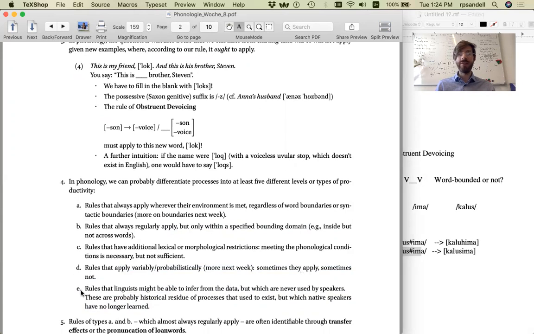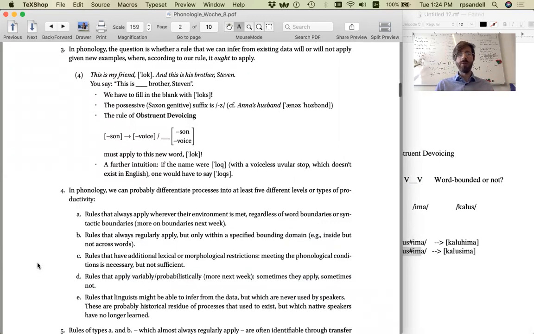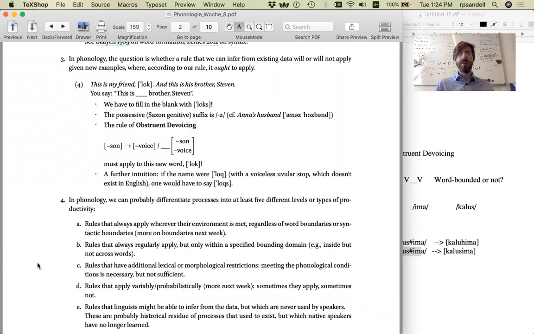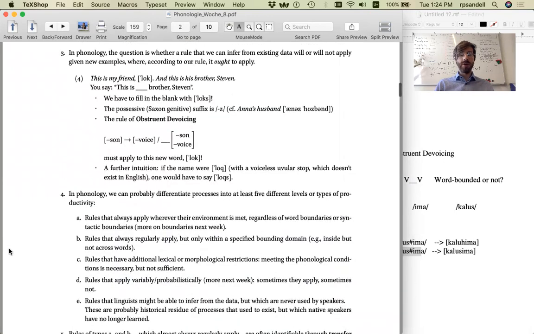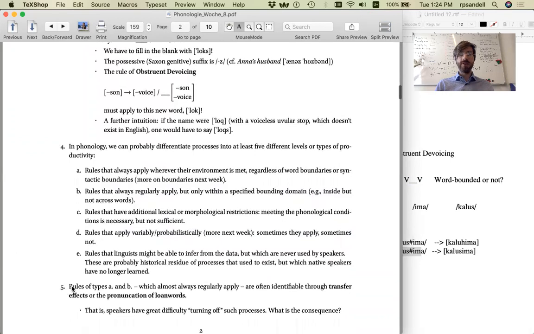And this kind of situation, in which a rule has died out, so to say, we will discuss a bit more in a couple more weeks when we talk about the relationship between phonology and language change. Let's take a brief pause here before we come back to looking at the status of these different types, or levels, of productivity.